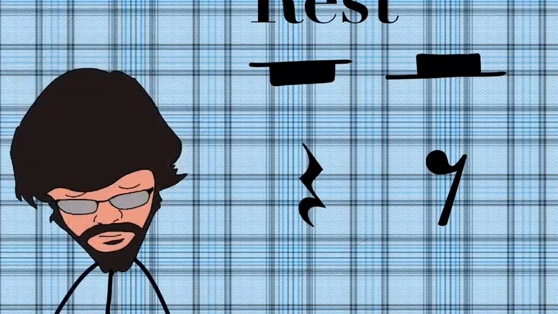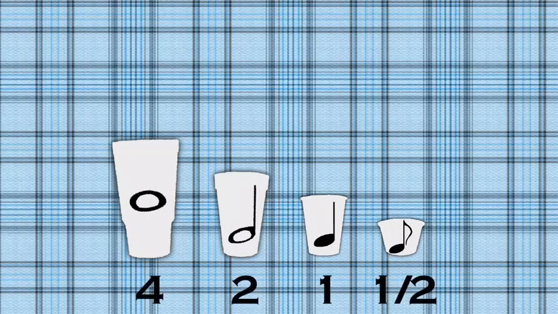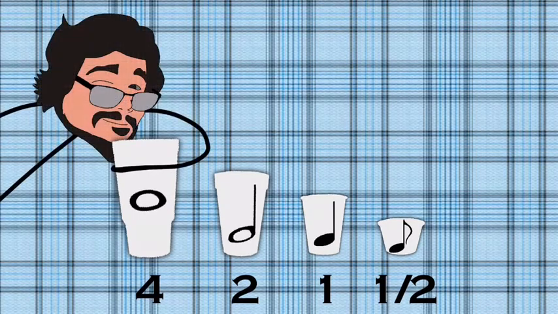So now let's go back to our cups, okay? So here are our cups from before. The whole note cup, half note cup, quarter note cup, and the eighth note cup. I took the liberty of writing down their values on the bottom. Now, although these seem like they just have the notes on them, I actually thought ahead and planned this part out.